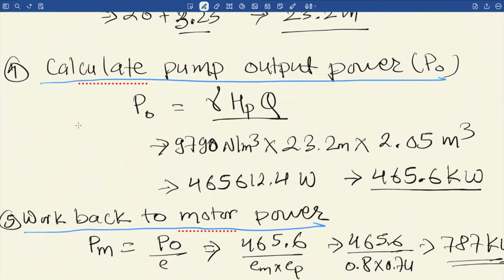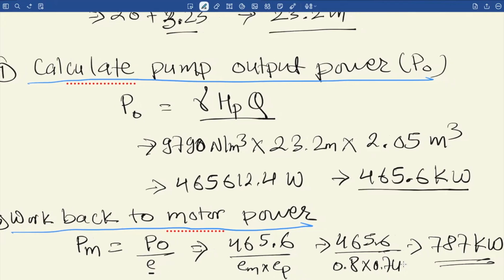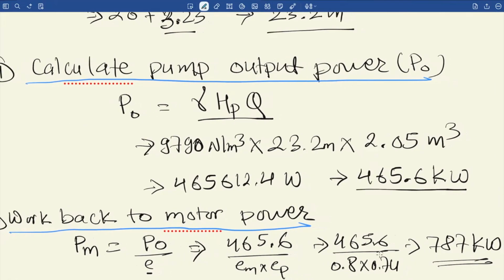The motor power will be equal to the pump output power divided by efficiency, because it is combined, so we need to multiply the efficiency of motor and pump. That gives us a motor power equal to 787 kilowatt.